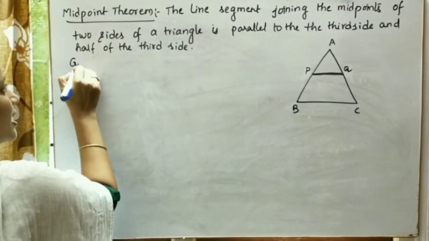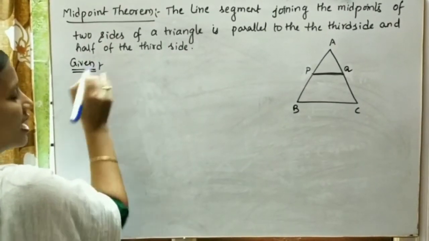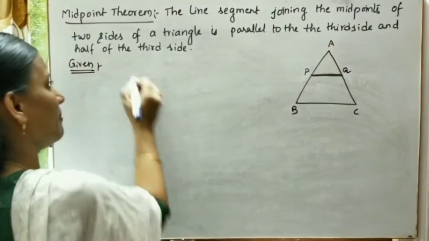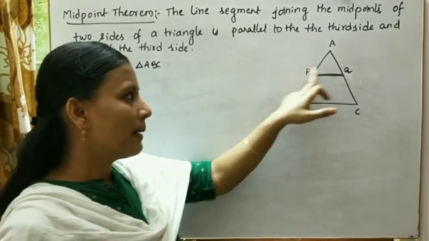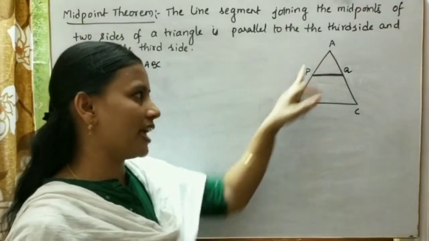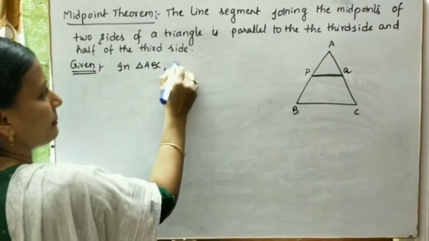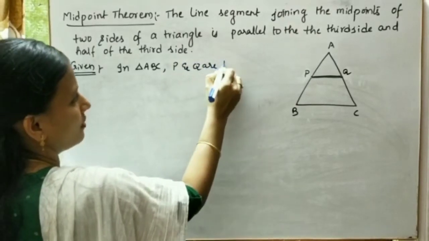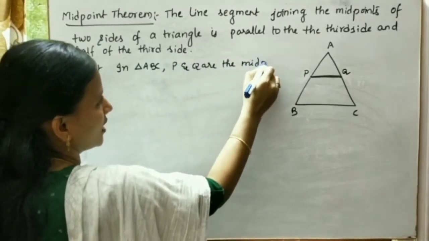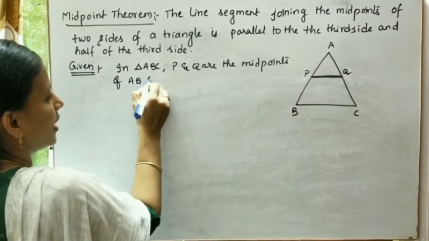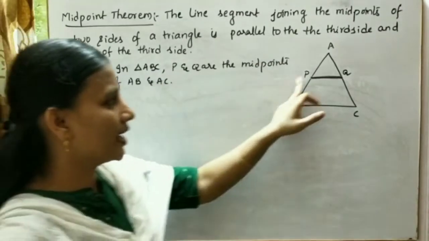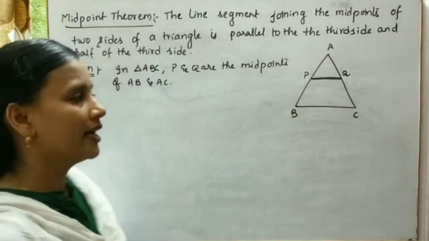So what is given? In triangle ABC, P and Q are the midpoints of AB and AC.